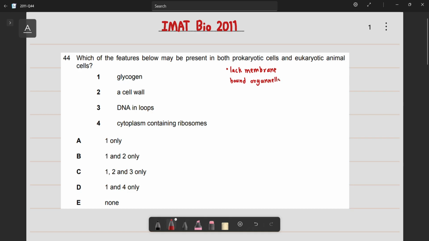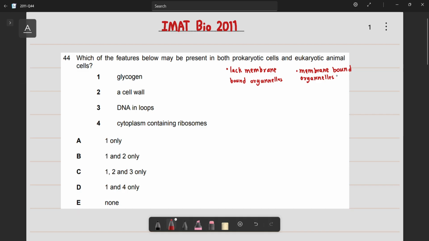Most of the organelles you might see in prokaryotes lack membranes, so there are very little or no membrane-bound organelles. Whereas eukaryotes have an extensive amount of membrane-bound organelles. One thing you must be clear about is that this is about organelles.